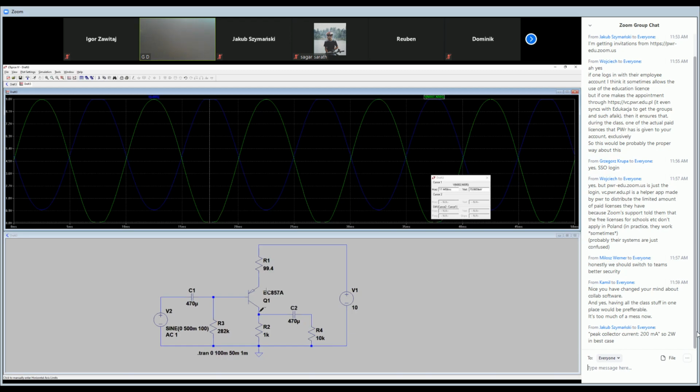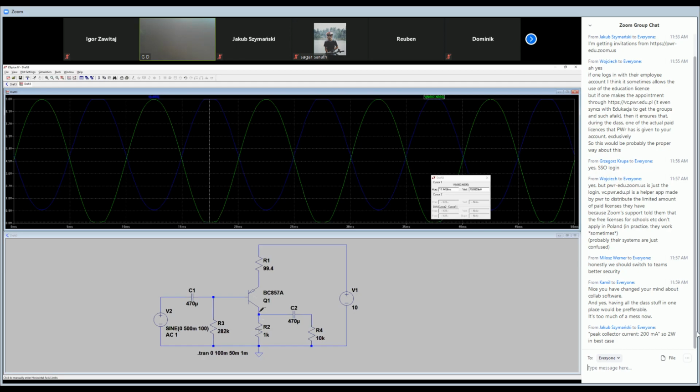The current stopped passing through it. So, as you see, at this point, for the output signal, that's why we've got the cutting of the tip of the sine waveform here, because the current is stopped passing through it, because transistor is, at this point, completely open.